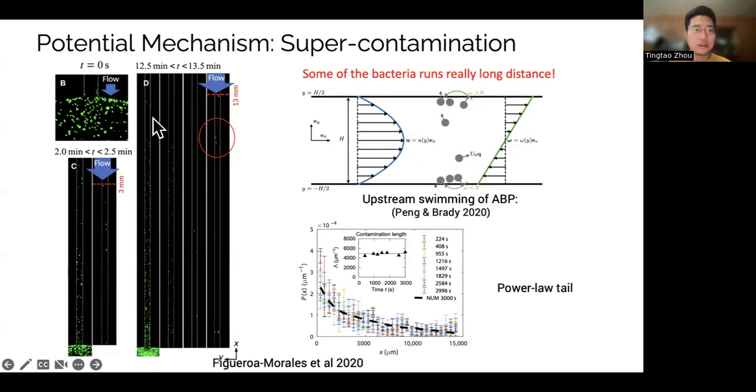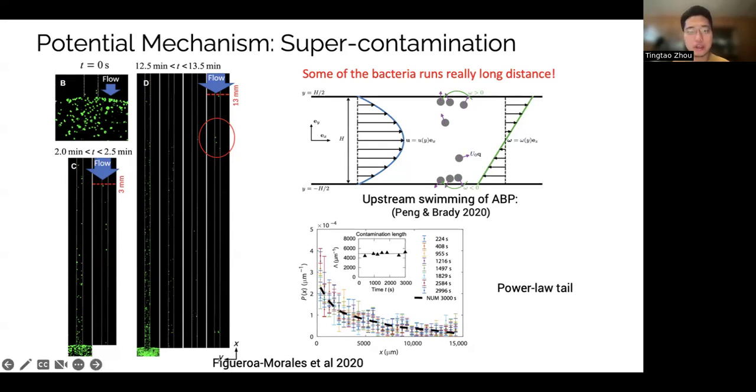What you're seeing here is because the channel is so long, they chop it up into 4 segments, right? And then they lay them in parallel. So as you can see, all the way up to almost the very upstream end of this channel, you can still see the fluorescence from the bacteria.